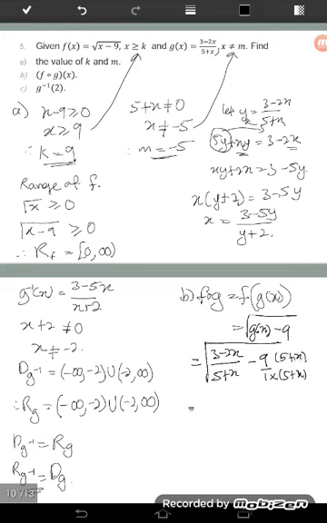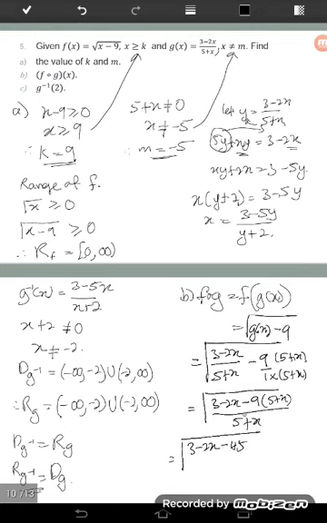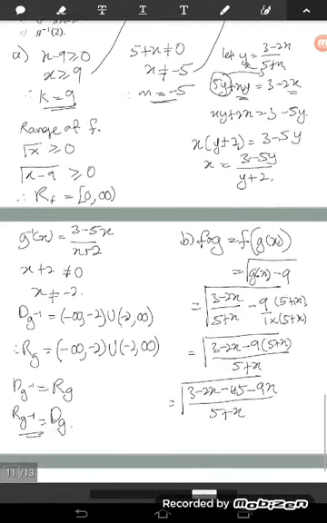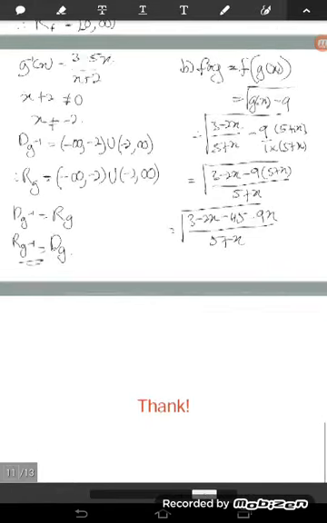and numerator this one also times with 5 plus x. So therefore it is equal to square root of 3 minus 2x minus by 9, 5 plus x over 5 plus x. So it is equal to square root of 3 minus 2x, negative 9 times 5, negative 45, and negative 9 times positive x, negative 9x, divided by 5 plus x. Okay, so next. Oh, dah nak habis.